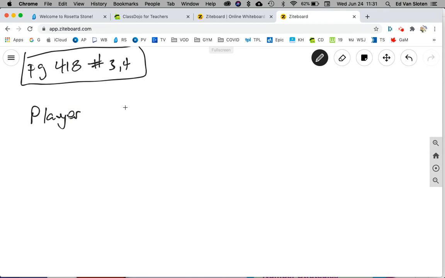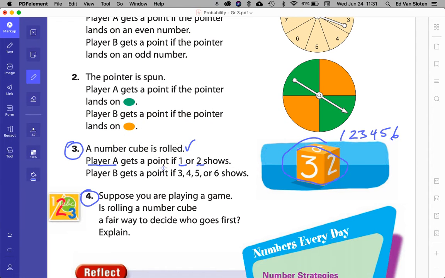My usual whiteboard isn't working. So here are the outcomes: 1, 2, 3, 4, 5, and 6. And they're all equal chances. Player A gets a point if it's a 1 or it's a 2. All right. That's what it says.